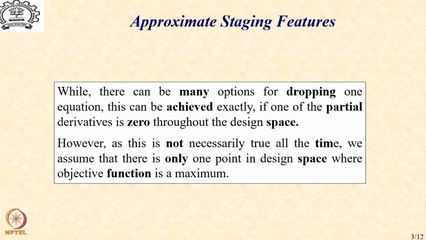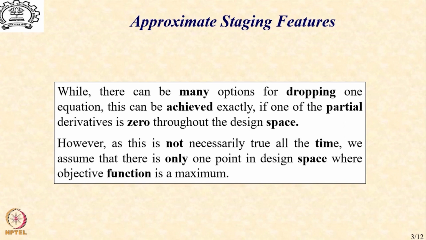There are two aspects that become bottleneck in this case. One, there is no way of knowing upfront which of those equations will result in a 0 partial derivative throughout the design space.